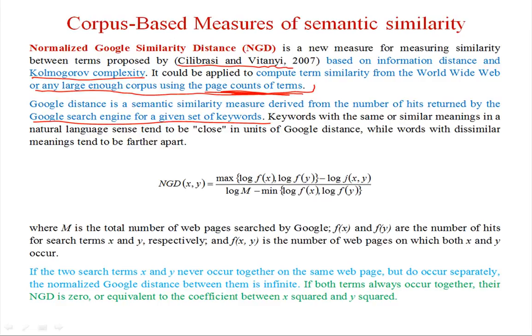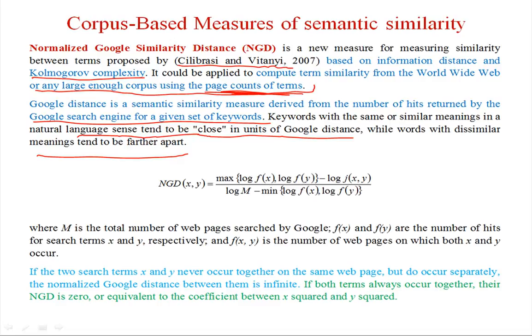Keywords with the same or similar meaning in a natural language sense tend to be close in units of Google distance, while words with dissimilar meanings tend to be further apart. The normalized Google distance between two terms x and y can be calculated as the maximum of log fx and log fy, minus log fxy, divided by log M minus the minimum of log fx and log fy.